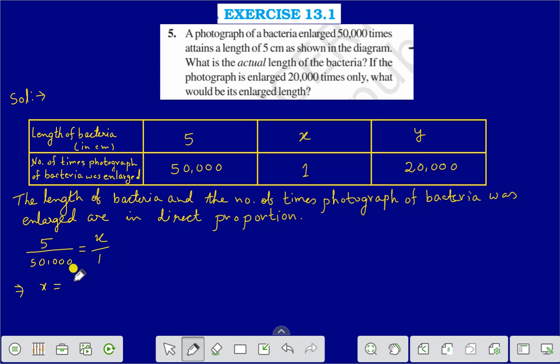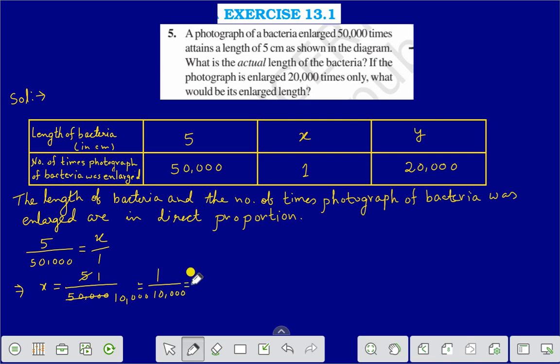The value of x is equal to 5 by 50,000. If we cut it by 1, 5 1 5, 5 1 5, 0, 0, 0, 0, or you can write here 1 by 10,000, that is equal to 1 by 10,000.